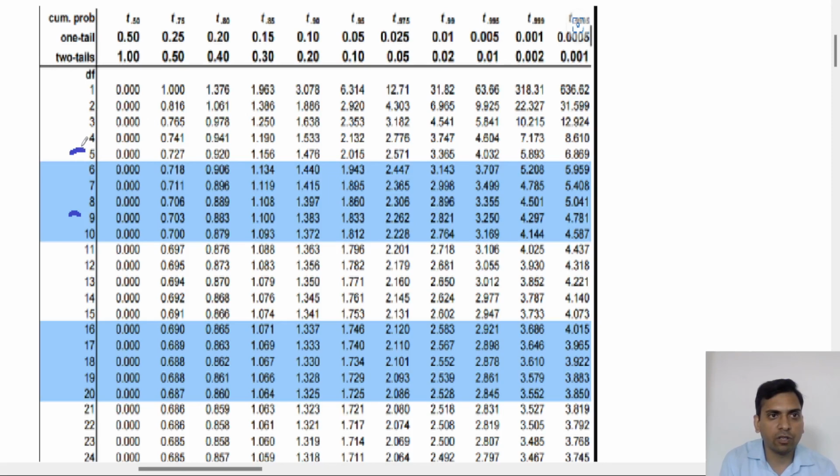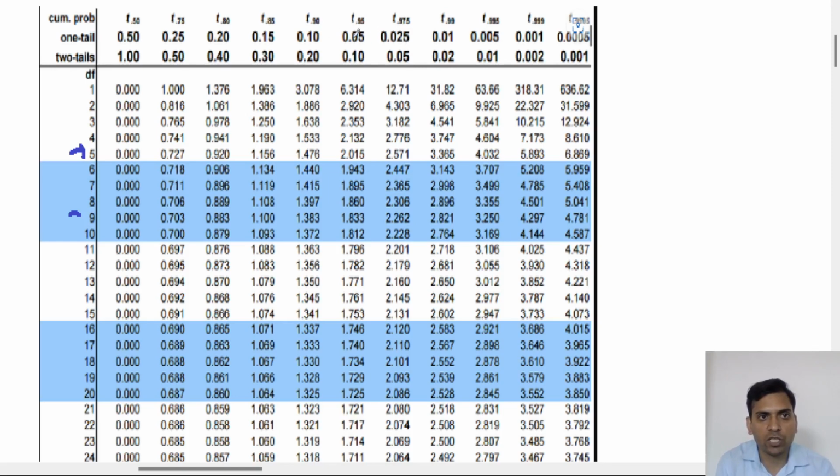So degree of freedom is 5, and for this level of significance, this is a one tail test because this is with a greater than symbol, and this is for 0.05.